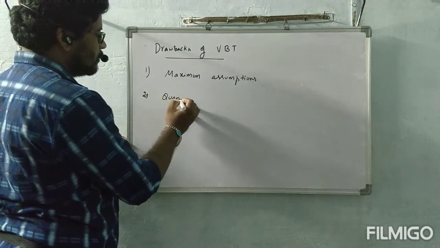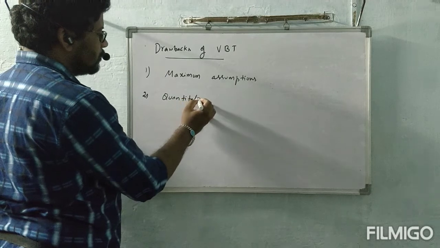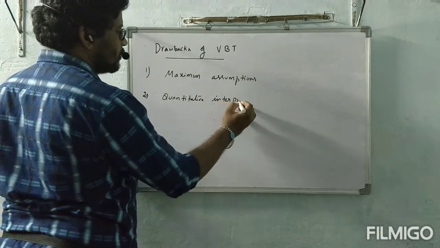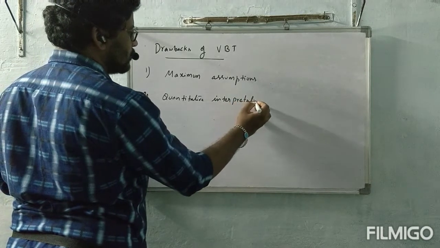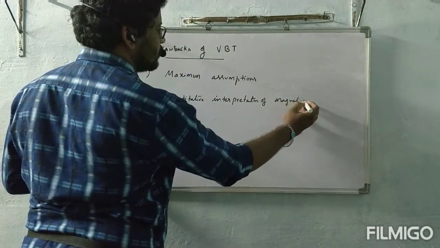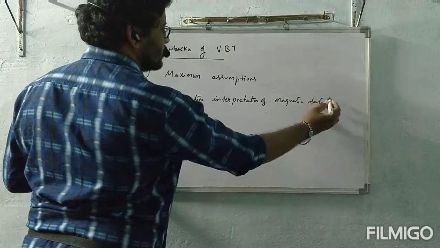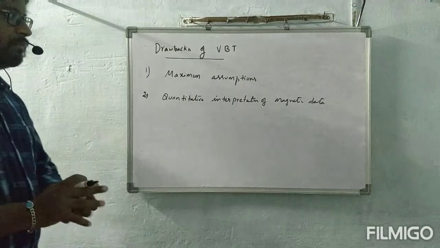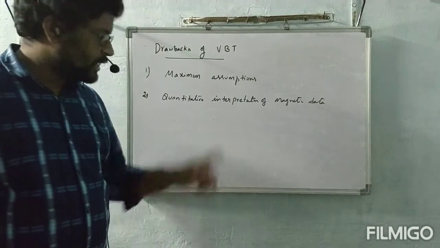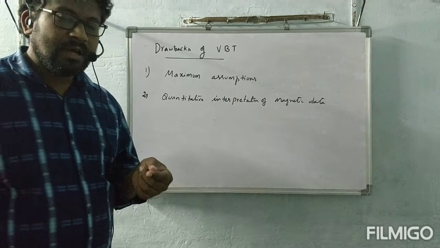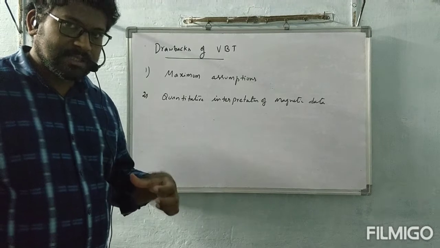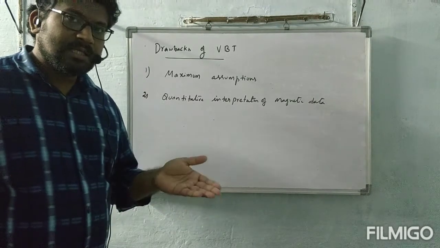Next, second one, quantitative interpretation of magnetic data. Meaning of this quantitative interpretation of magnetic data: here itself we get the doubt, why electrons are involved in pairing with inner orbitals in some complexes, while in some complexes they are not.